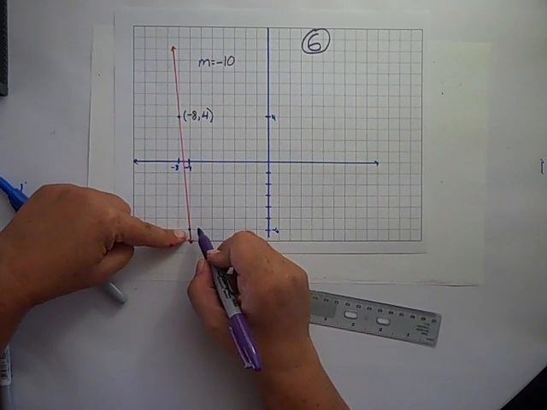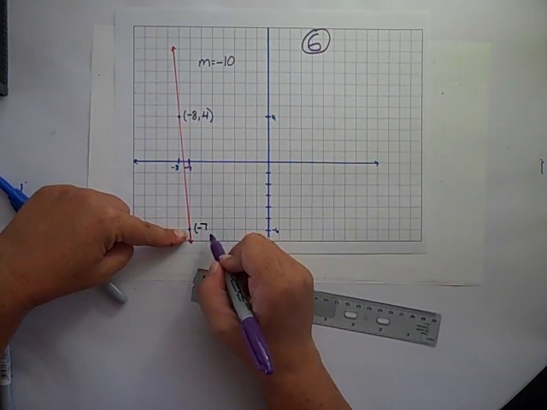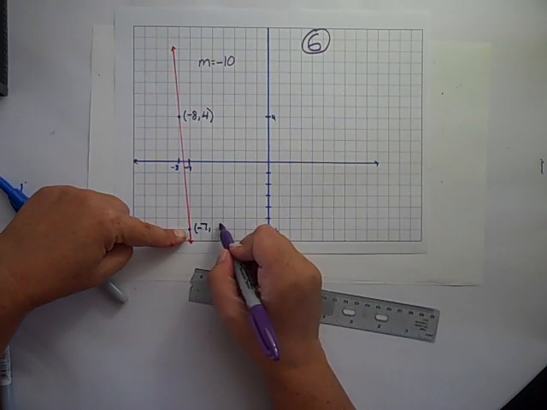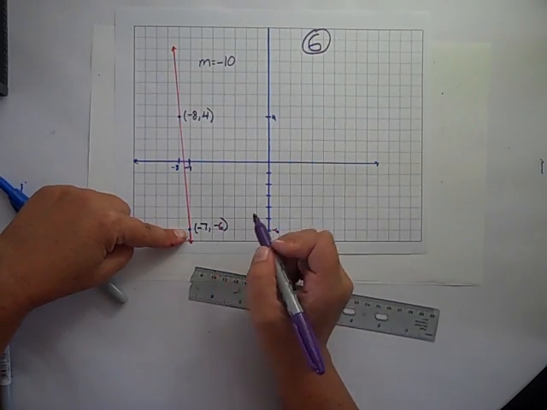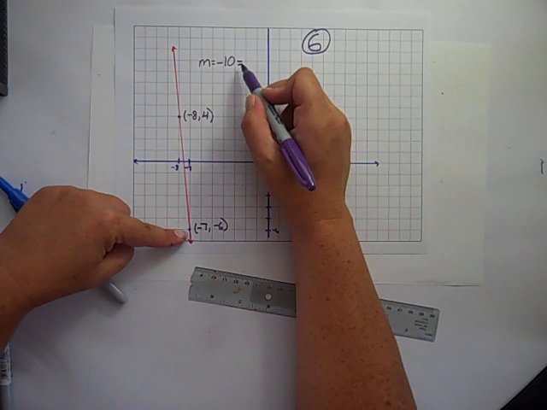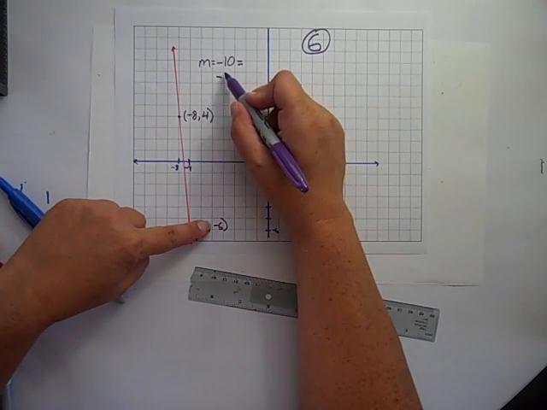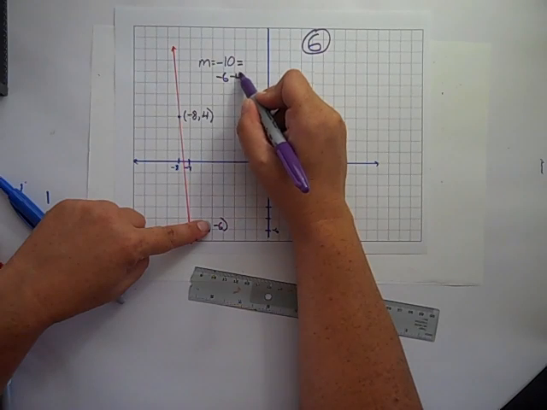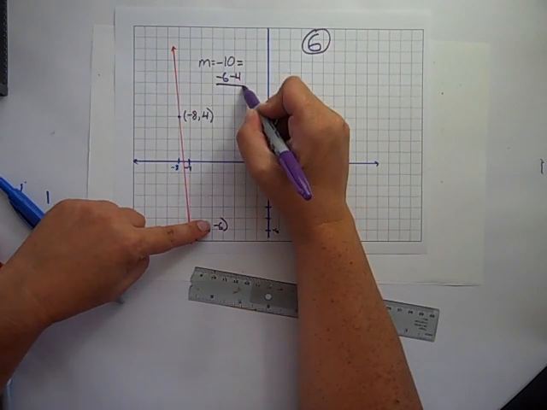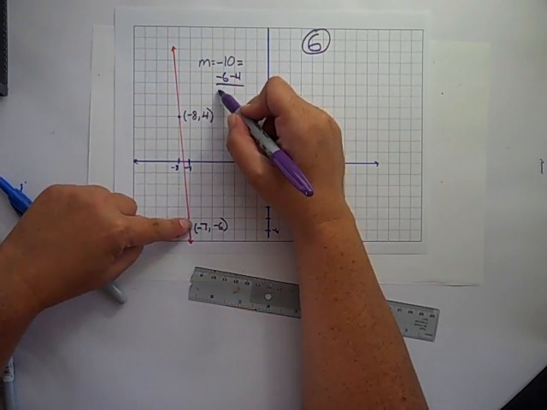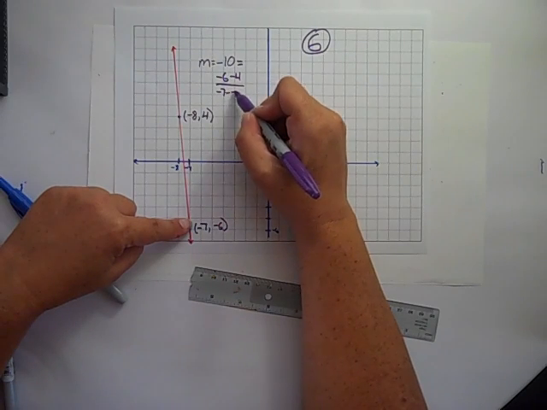So that would get me to -7, -6. So let's do our y2s minus y1s: -6 minus 4 over the x's, -7 minus -8.